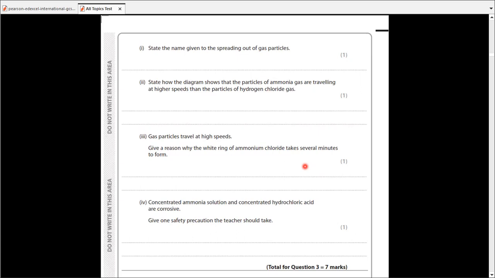So mentioning a glass wall or maybe goggles along with the safety gloves is a good way to write the answer. So I should mention more than one, even when they ask for one? Yes, because let me explain. A safety precaution is to use safety gear, not just to use gloves.